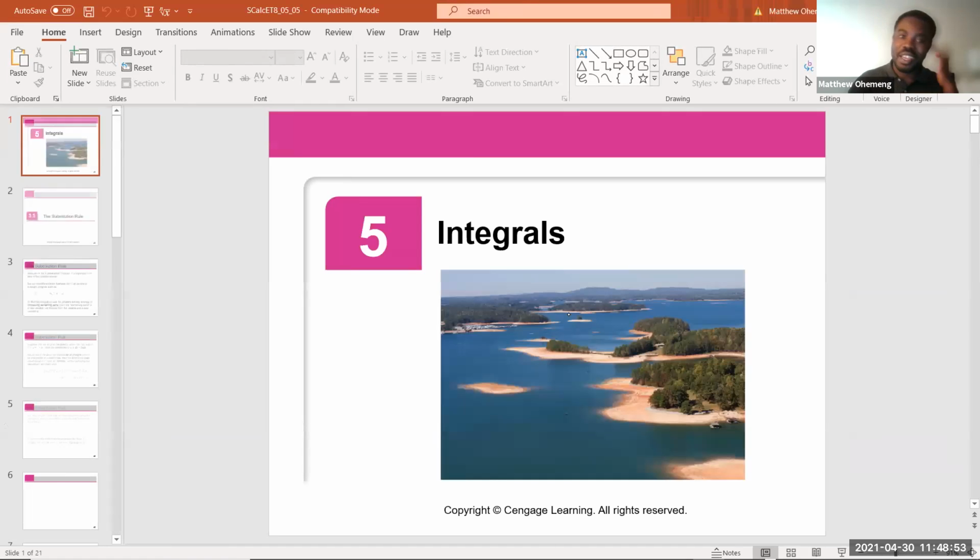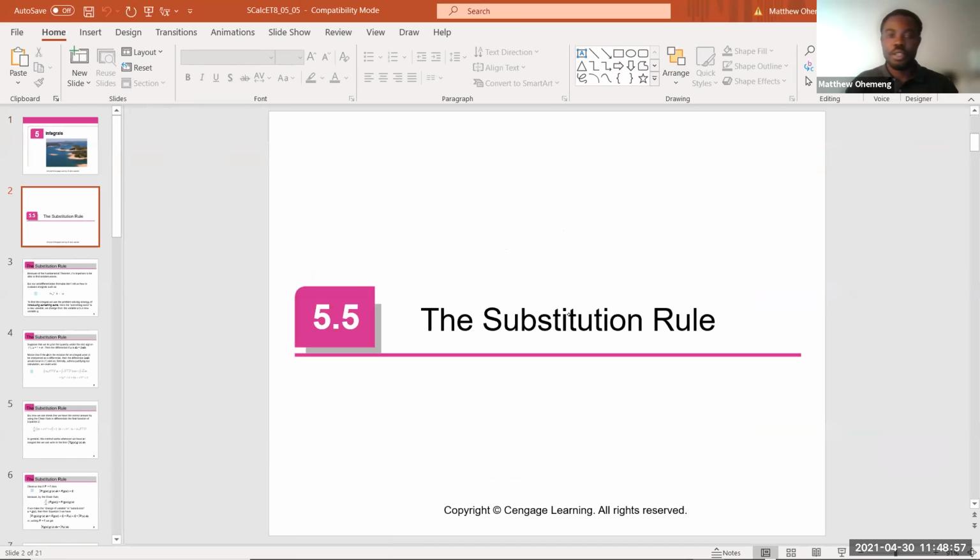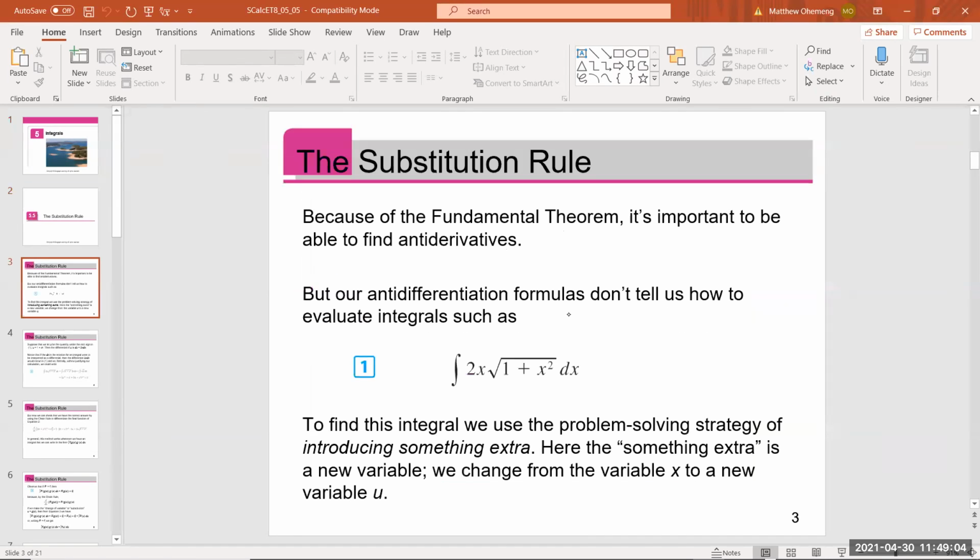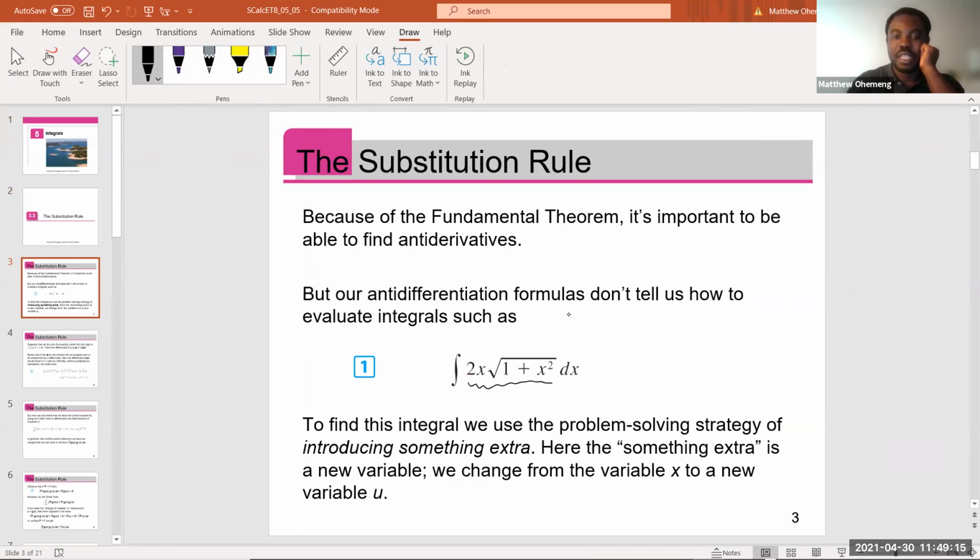At least I'll talk about the idea, and then the next time we meet, we just wrap up on Monday. So 5.5 is the substitution rule. For the substitution rule, the whole idea is that sometimes when you are finding either a definite or an indefinite integral, the antiderivative cannot be obtained directly, but you can make a substitution so that everything will work out just fine.